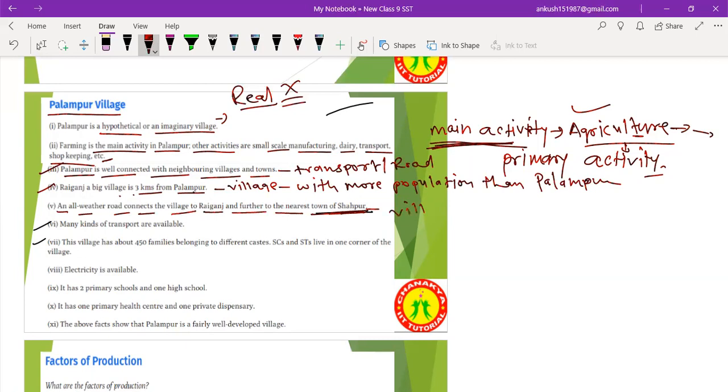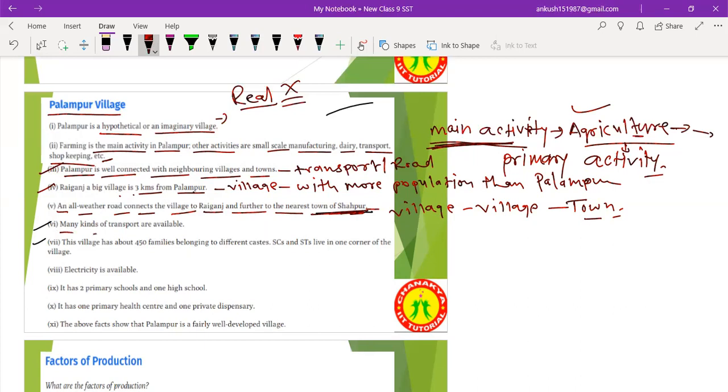Now, this is Palampur, this is Raiganj, and there is a town named Shahpur. Are you getting my point? Just imagine there is a village in the interior, and after that a village called Raiganj which is near the highway, and after that a town called Shahpur, which is well connected by highways, and that is a big town.